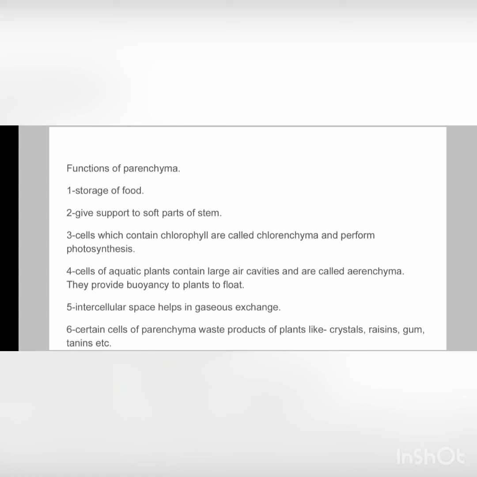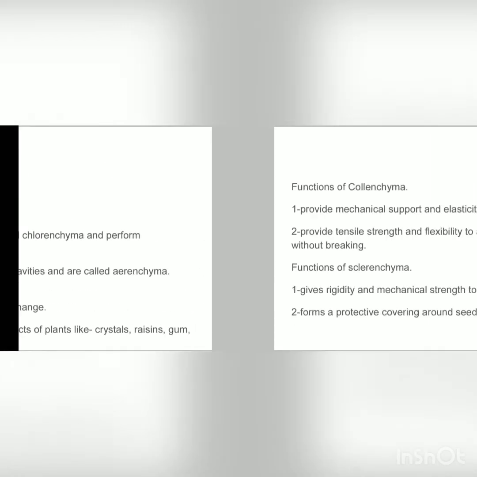And intercellular space helps in gaseous exchange, and storage of food, like certain cells store the waste products also along with the food, and that are crystals, resins, gums, tannins, etc. These are the waste products for plants.